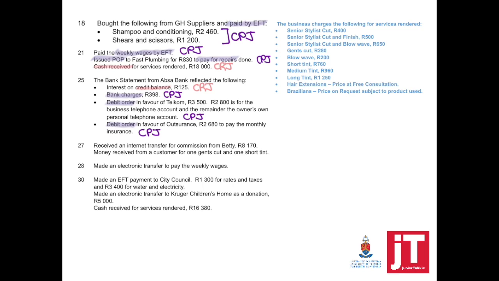Day 27, received an internet transfer for commission from Betty, CRJ. Day 28, made an electronic transfer to pay the weekly wages, CPJ. Day 30, a number of transactions happened. Made an EFT payment to City Council, CPJ. Made an electronic transfer as a donation, CPJ. Cash received for services rendered, that is the CRJ.